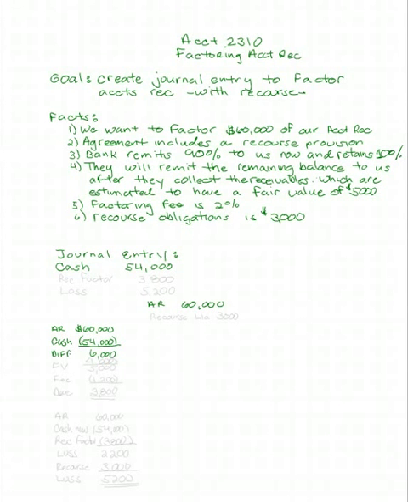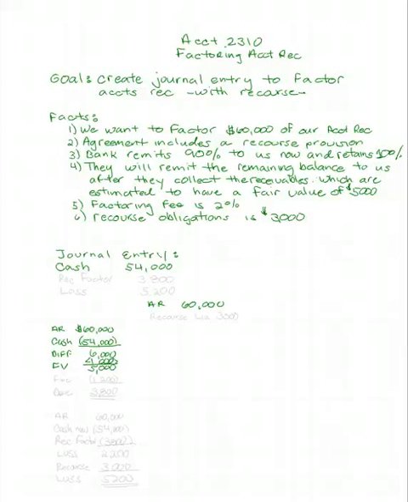It is estimated that the fair value of these accounts receivable are $5,000, so there's a difference of $1,000. Didn't leave myself much room there, did I? So there's $5,000 worth of fair value, and this $1,000 would be to cover sales returns and allowances and sales discounts. So the fair value of our transaction is $5,000.